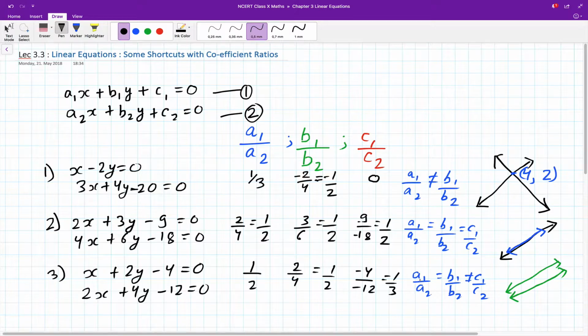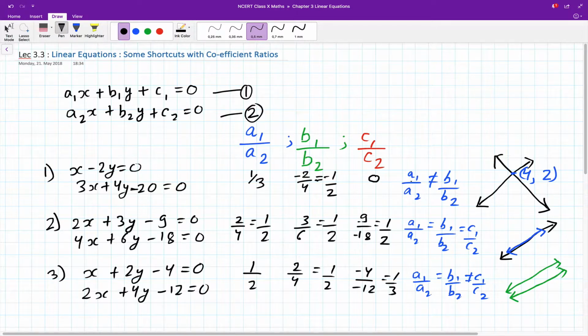So in this case, a1 by a2 is equal to b1 by b2, but this ratio is not equal to c1 by c2. And in this case, we had found out that the two lines are parallel and there is no common solution.